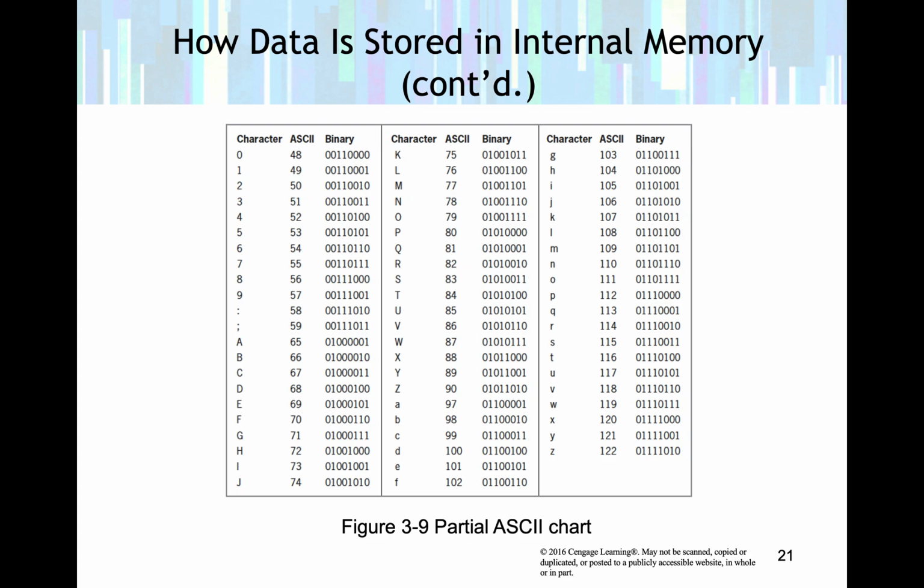If you're interested, I think it'd be a good video for you to know. We don't go deeply into conversions in this class, but it's interesting to see how to convert numbers to binary.